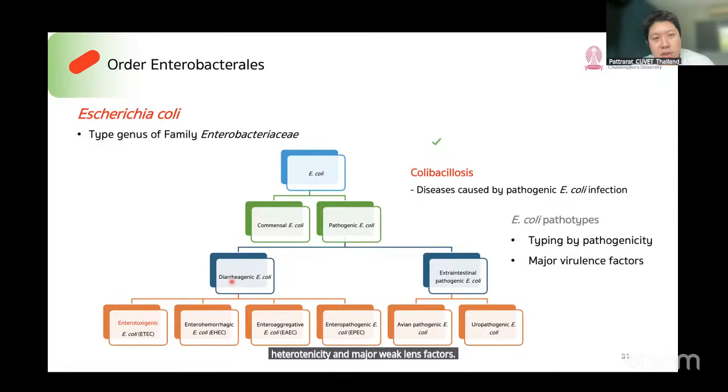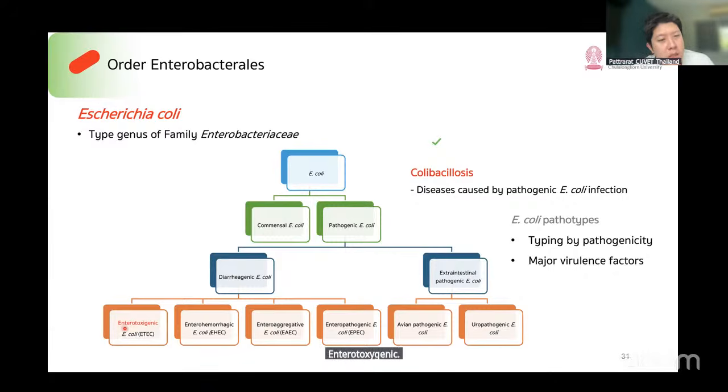For diarrheagenic E. coli, there are many pathotypes, but today we will focus on two important pathotypes. The first one is enterotoxigenic. We need to correct this from the handout; I update it to be enterotoxigenic, ETEC.